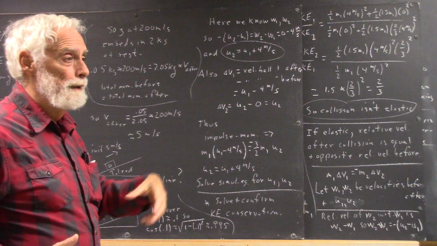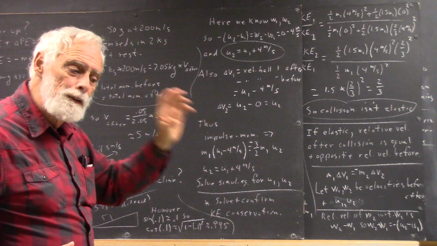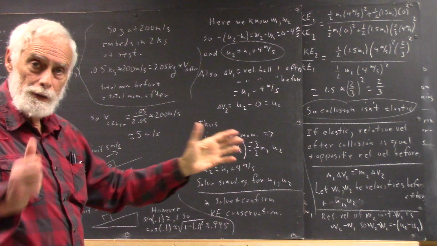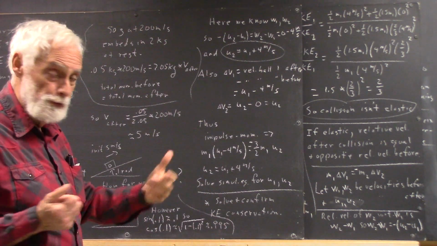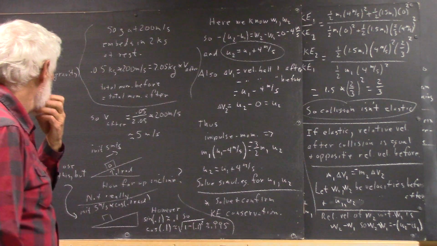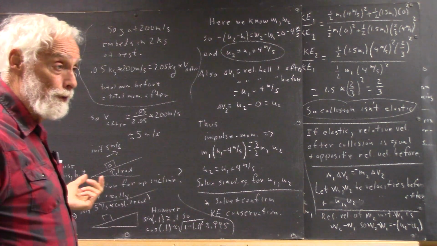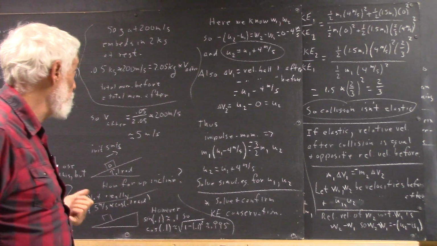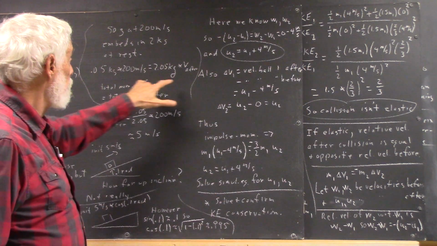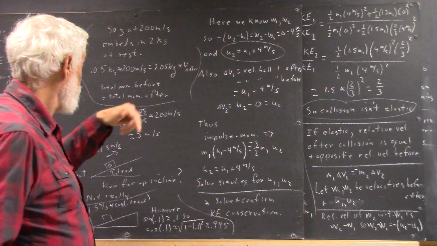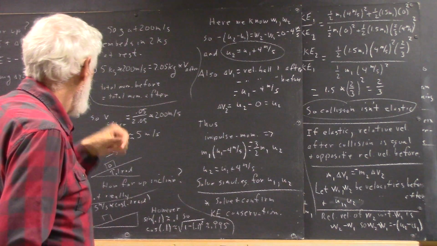Now, we've been analyzing things by finding the impulse of this object and the impulse of that object and the changes in velocity. But we can also do exactly the same thing and get exactly the same results by saying total momentum before equals total momentum after, as you'll know if you've been reading your book.